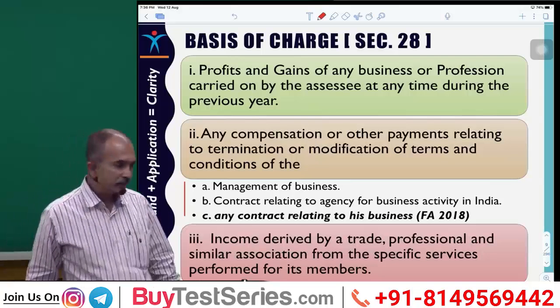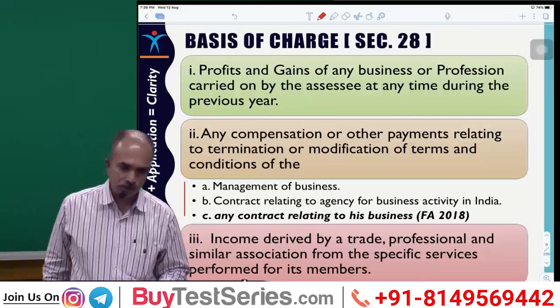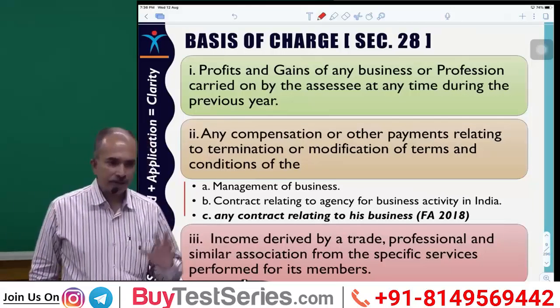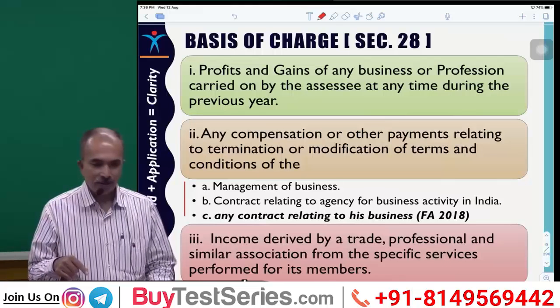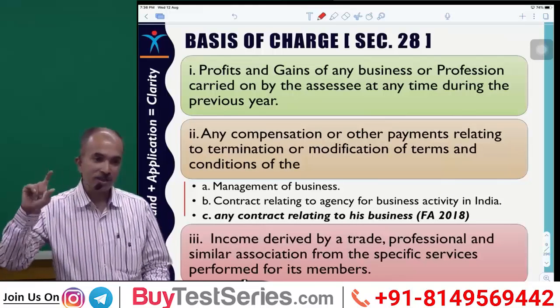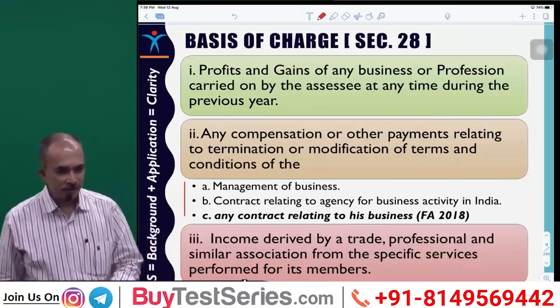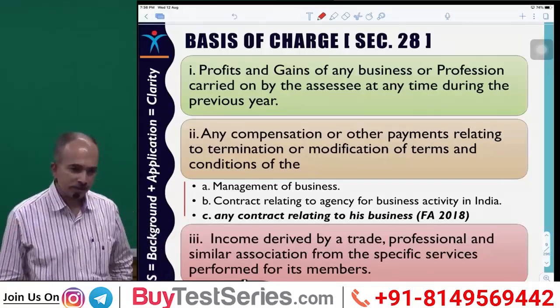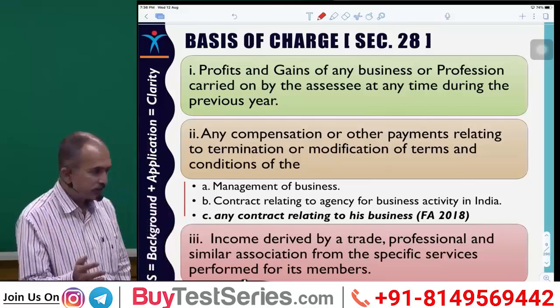The company is smart. They say, okay, we understand that there will be some loss to you. We are ready to pay you 50 lakh compensation if you agree to modify your original agency agreement. If you sign the revised agency agreement, we are giving you 50 lakh rupees compensation. Okay? Now they are ready to give you this compensation.